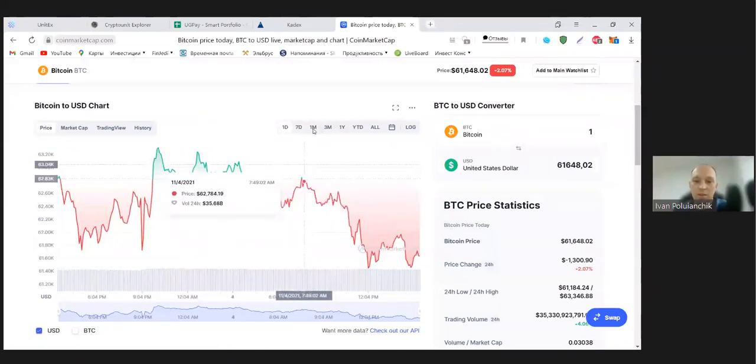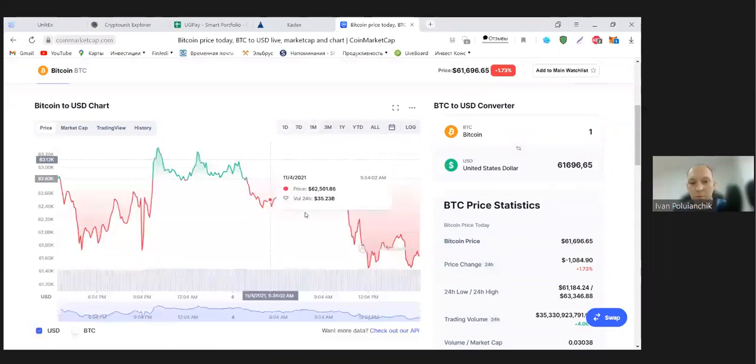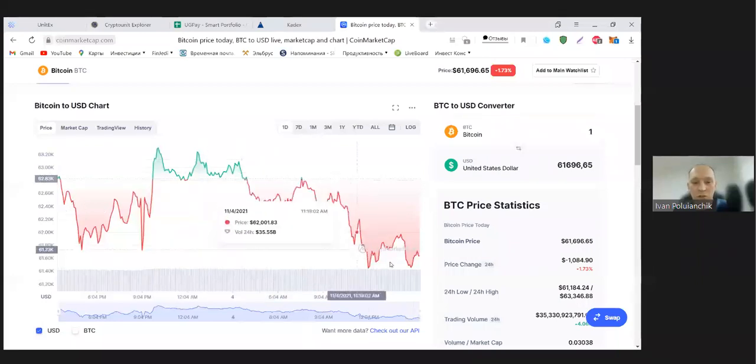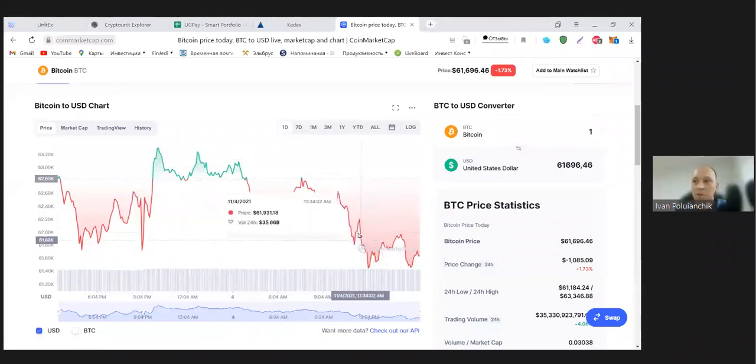You may do it by 1 day, by 1 week, by 1 month, and you see that on average over a month, Bitcoin was growing, but on the last day, it was dropping in price, started from 62,000 and dropped by 1,000 over 1 day.